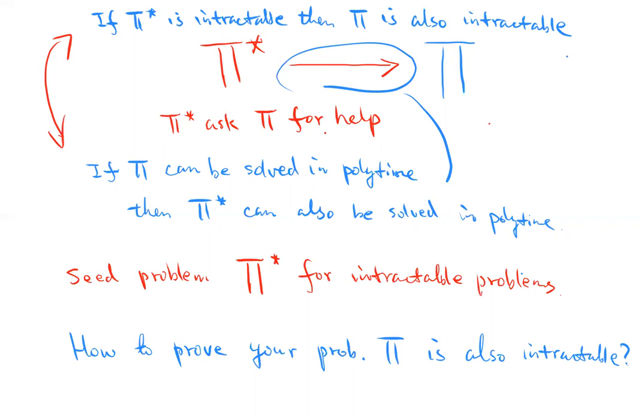All right. So now let's give us a hope. If we knew the seed problem for intractable problems, then we're able to use the idea of call to develop a tool to show that other problems are difficult.